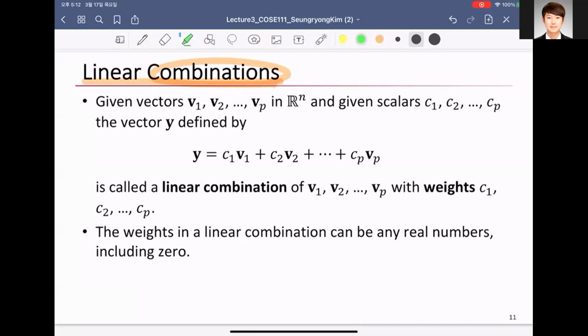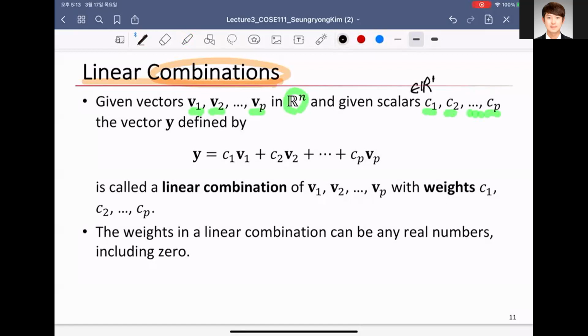Here is the definition. Given vectors v1, v2, up to vp in R^n space, and given scalars c1, c2, cp. By the way, we can think of a scalar as just being in R space, or R^1 space.